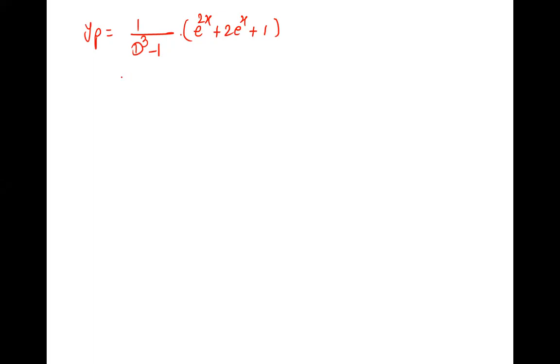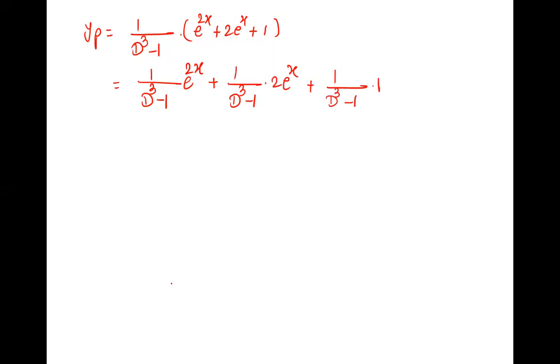Okay. Then the next step is, as there is addition or subtraction, we can just separate these terms. I told you yesterday. So 1 upon D cube minus 1 multiplies with the first term e raised to 2x, plus 1 upon D cube minus 1 into 2 e raised to x, plus 1 upon D cube minus 1 into 1.